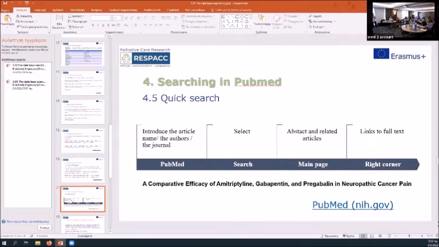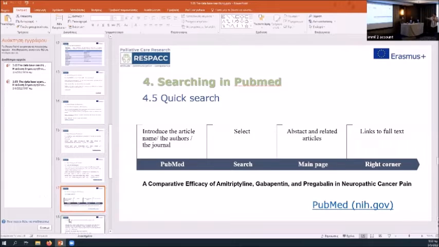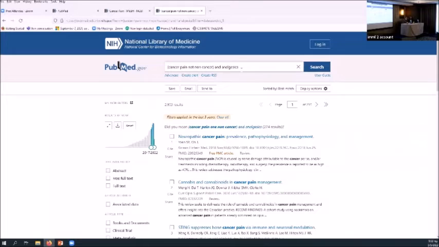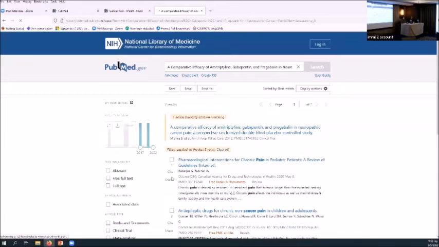So this is a quick search. For example, we know this is an important study where amitriptyline, gabapentin, and pregabalin were compared in neuropathic pain. If we know this is a study that we definitely want in our search, we put it there and retrieve the study.